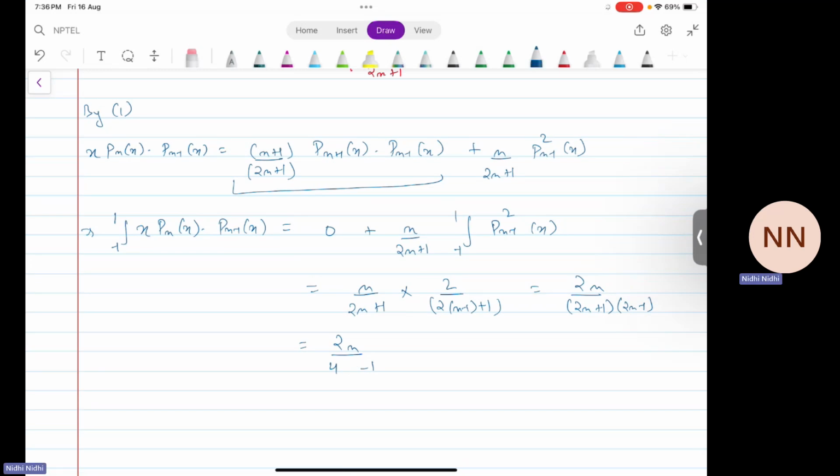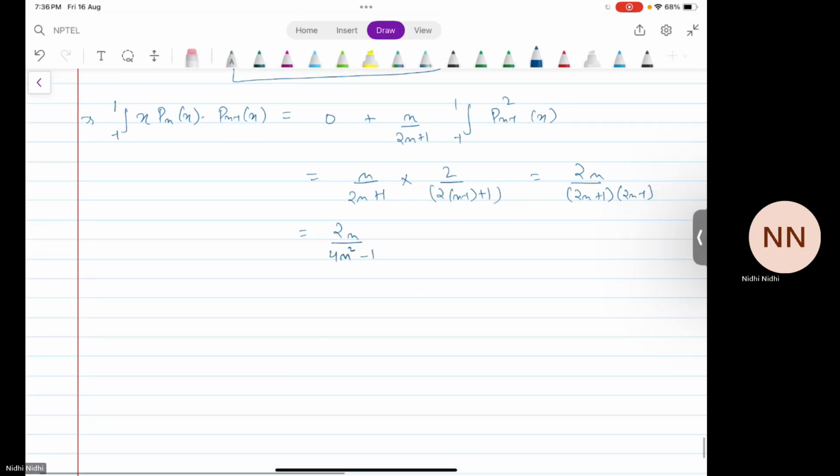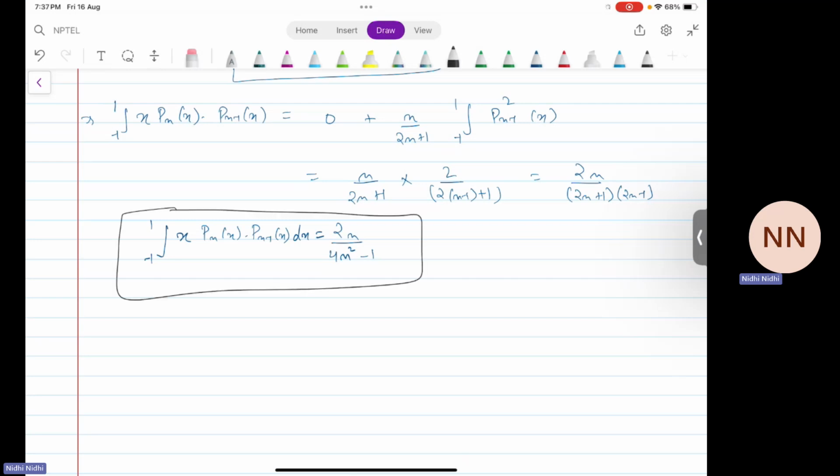Let me write it properly. Oh, okay, it's n by 4n squared. The integral from -1 to 1 of x Pn(x) Pn-1(x). This is our required result.